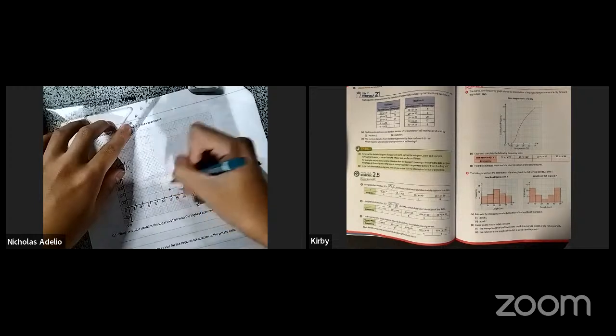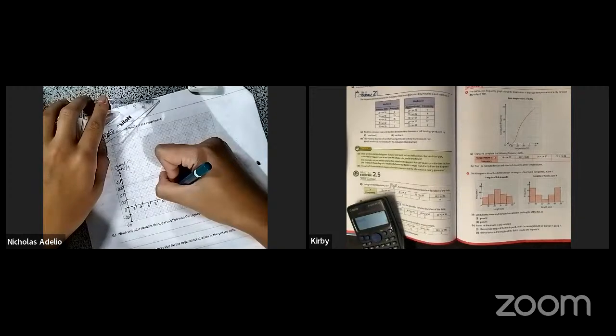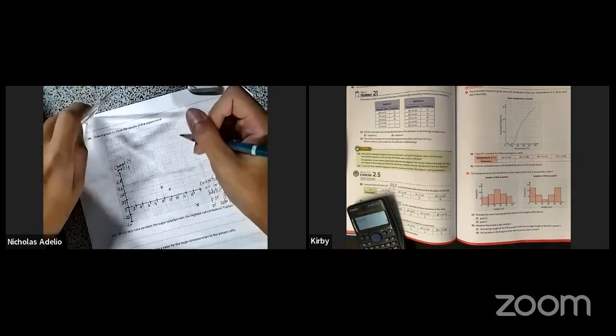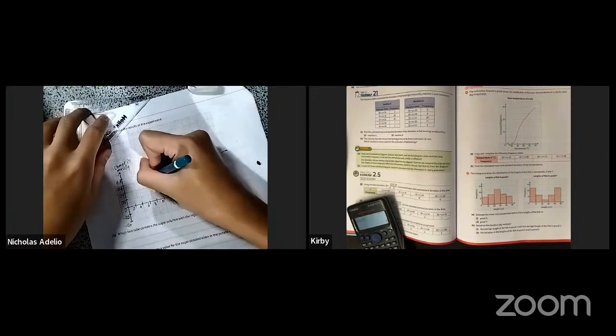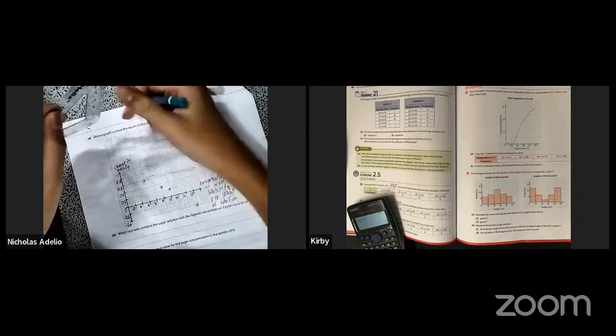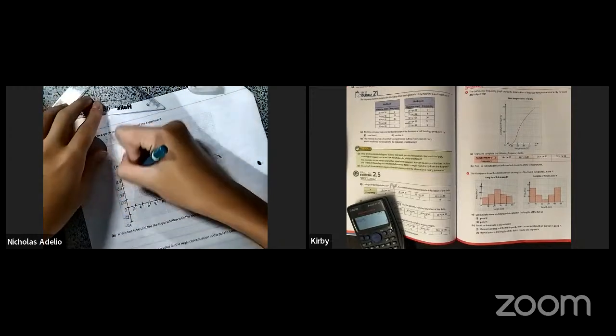Now, cumulative is a fancy word, Kirby. Do you know what that means? Just tell me what it means according to you. Something stacks up, you know. Something that accumulates. So that's the point.